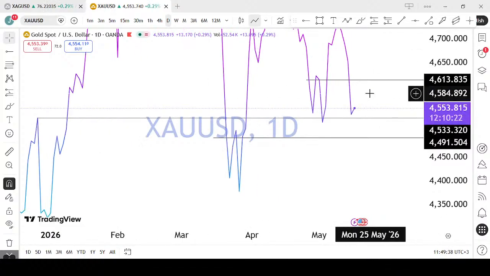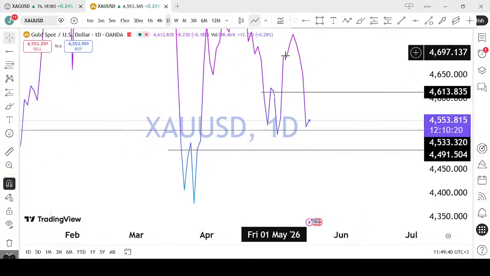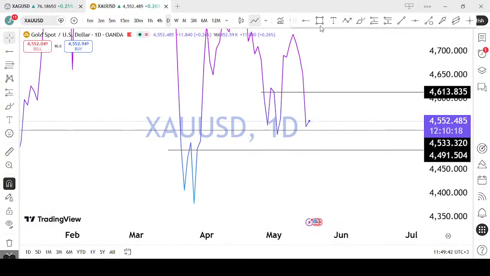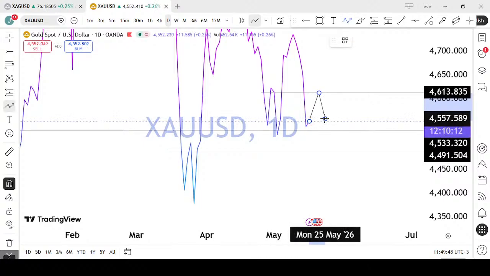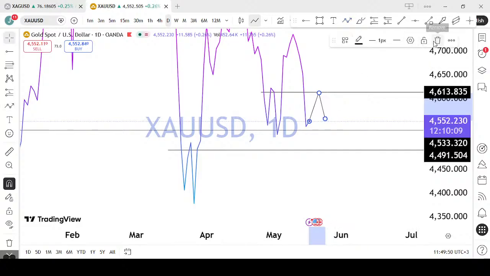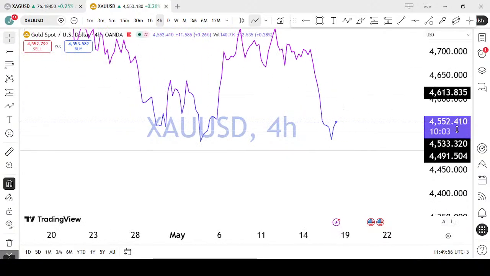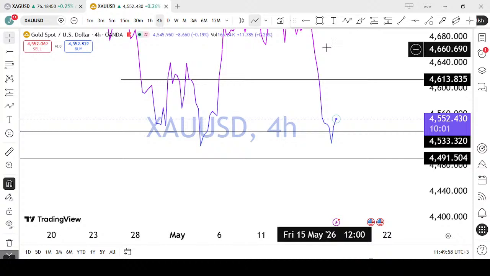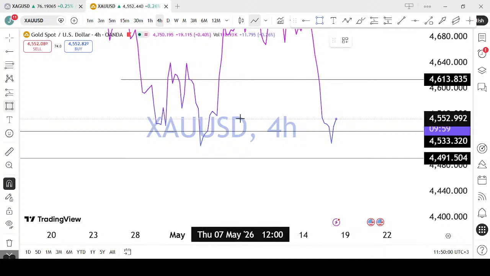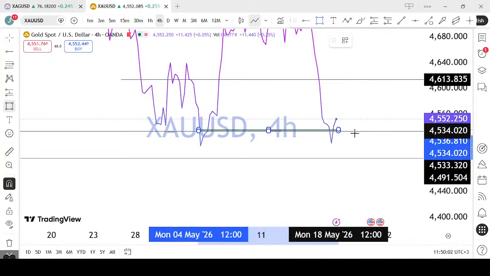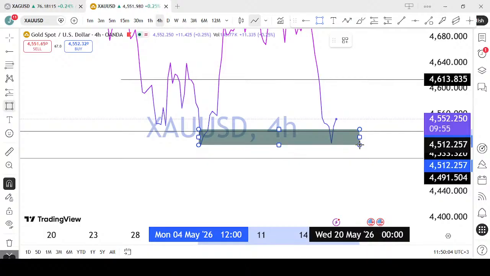Okay, and we have to shift to 4-hour time frame because the main target of this week is for the market to reach up to this position so that we can take another long buy. But let me shift to 4-hour time frame. As you can see in 4-hour time frame, the market has already cleared this area here.